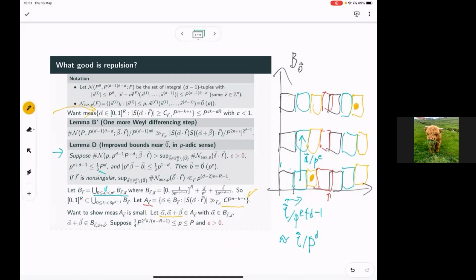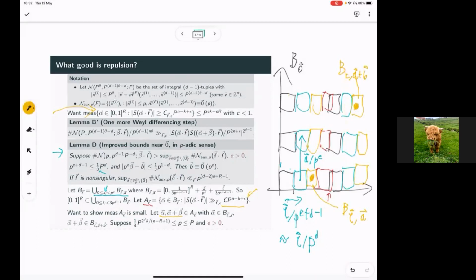This box is B subscript L,A, and this box is B subscript L,A plus b.